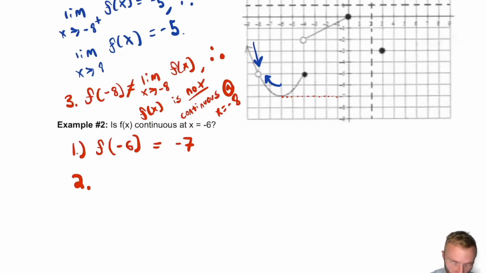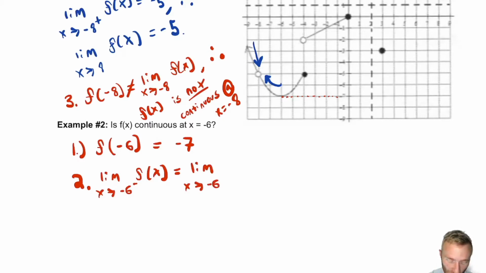We could say the limit as x approaches -6 from the left of f of x equals the limit as x approaches -6 from the right of f of x equals -7.